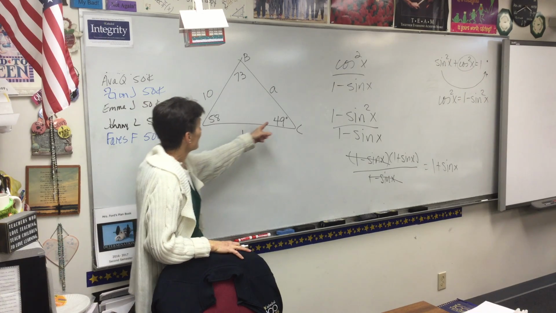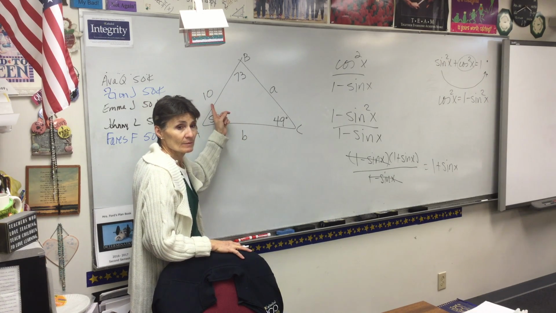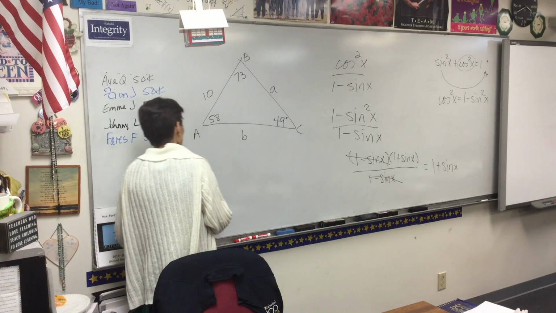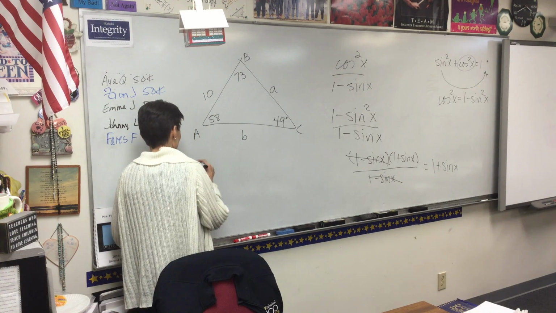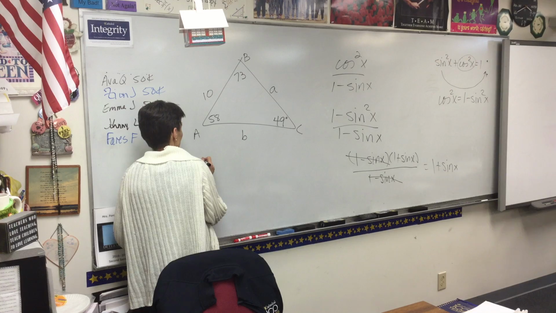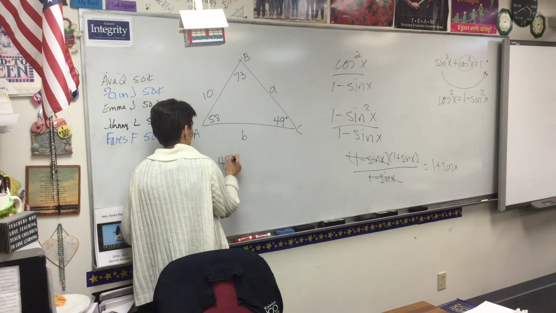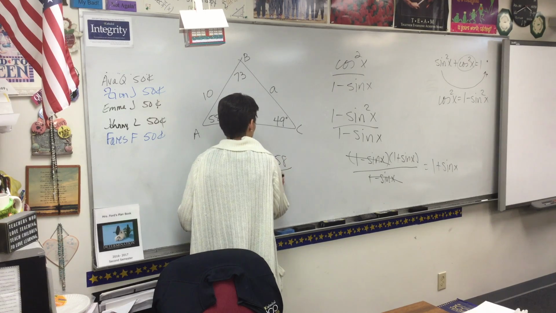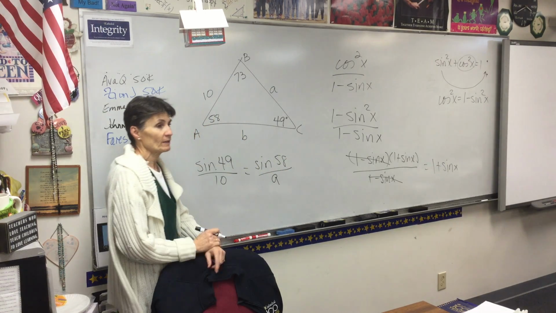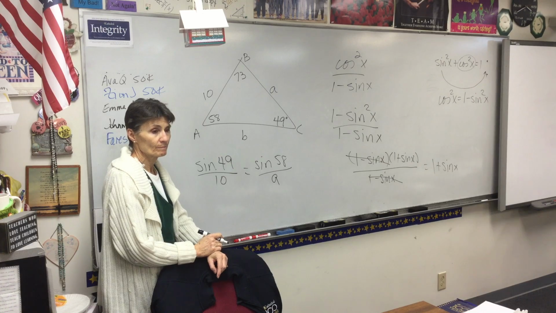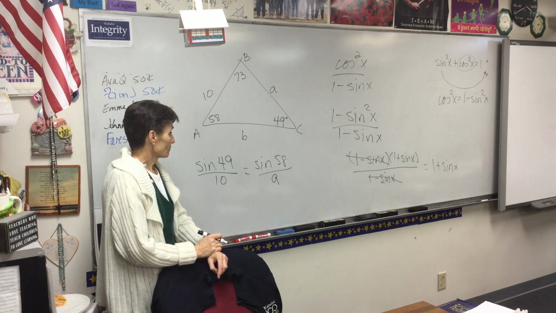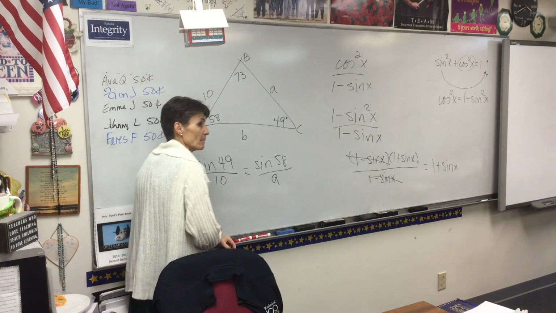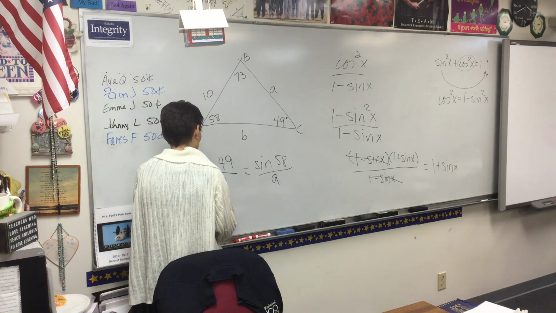He has a pair. So what was your setup? I did sine 49 over 10 equals sine 58 over a. Perfect. Absolutely wonderful. So then he cross multiplied, I presume. Yep.